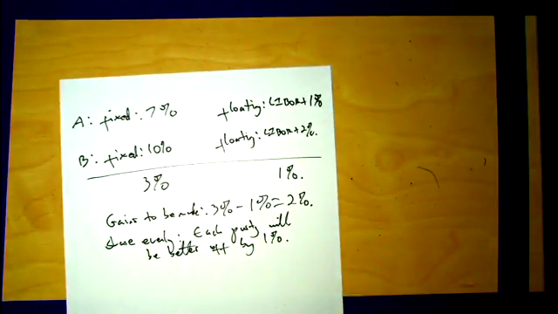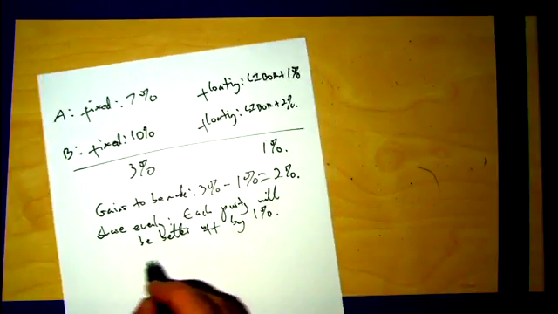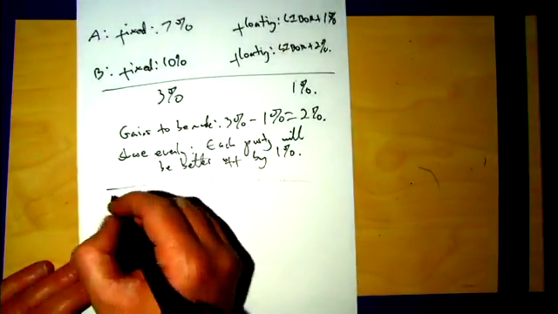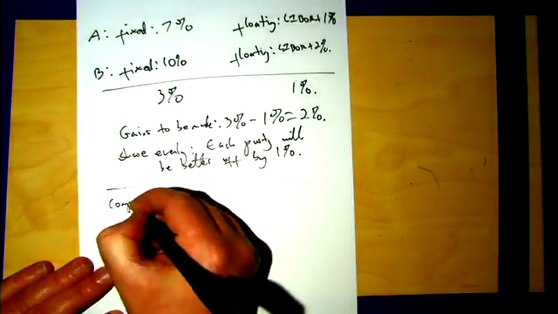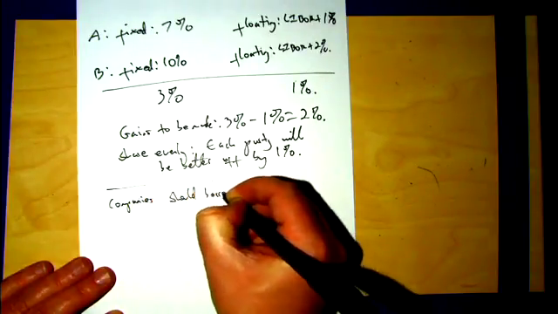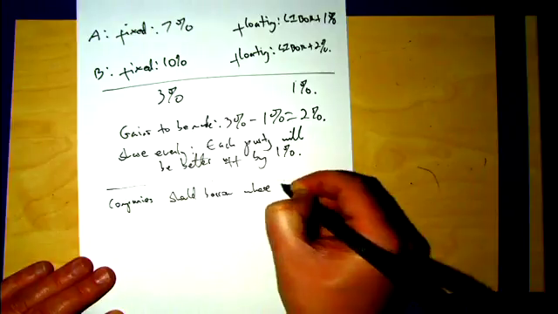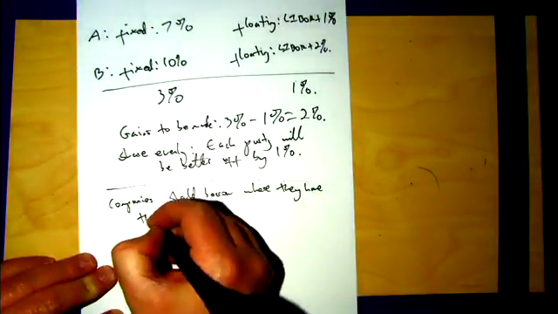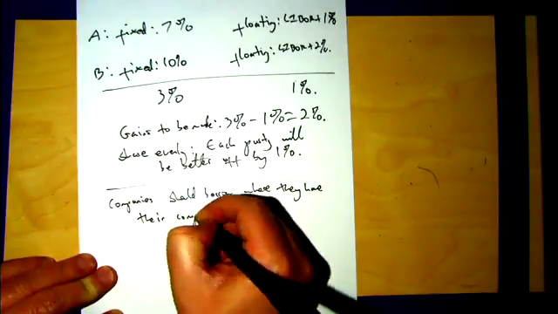Okay, that 2%, each party gets 1% of the 2%. So the rule is that our companies should borrow where they have their comparative advantage.